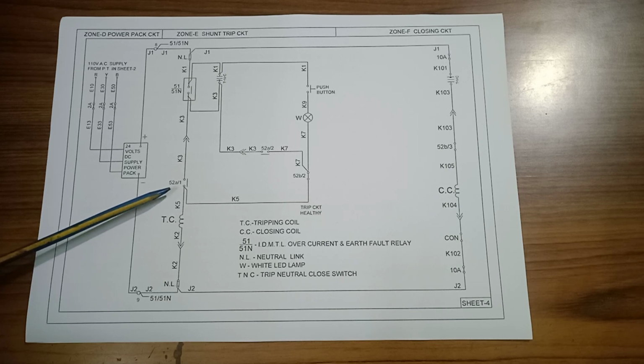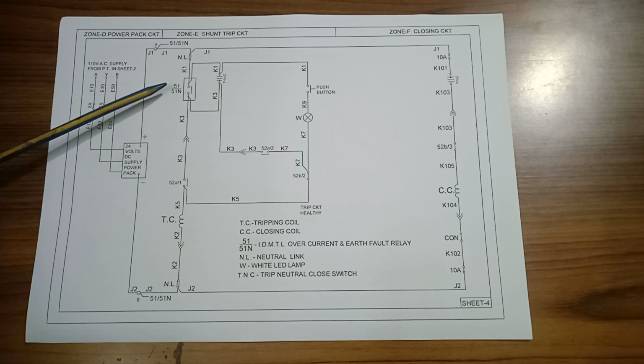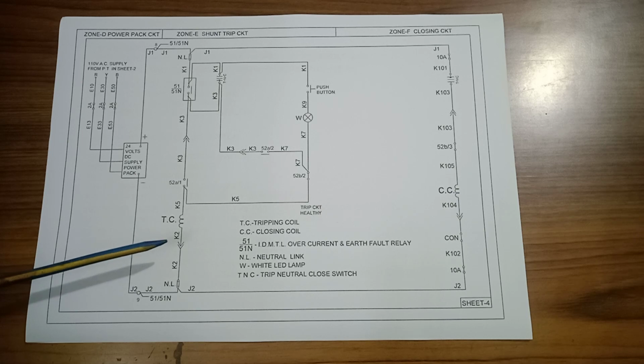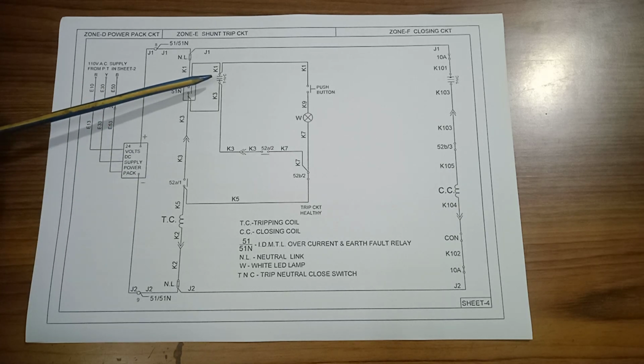When the circuit breaker is on, 52A by 1 is on. And if any fault, overcurrent or earth fault, happens, then the 51 by 51N NO contact is closed and the trip circuit is energized and the circuit breaker is tripped.